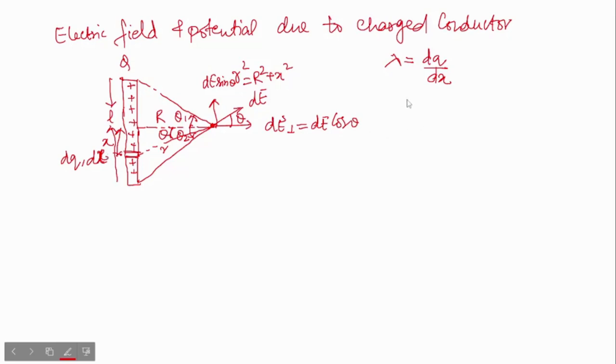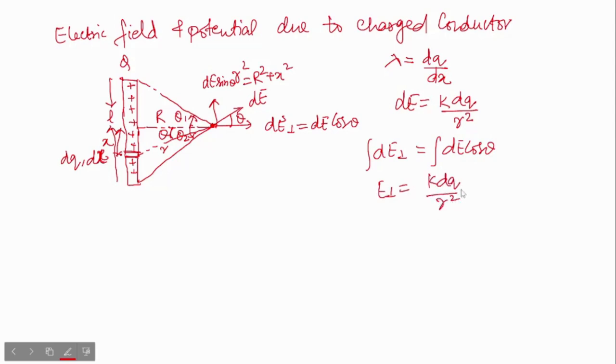Now what will be dE? dE will be simply k dq upon r squared. And E perpendicular, we integrate dE cos theta, so E perpendicular is k dq upon r squared cos theta.